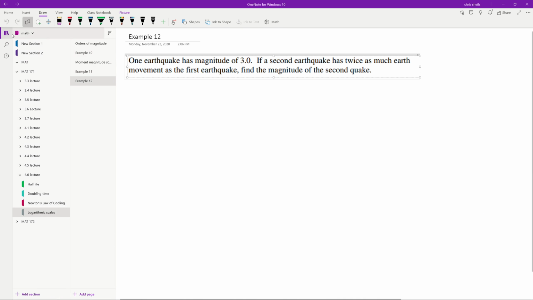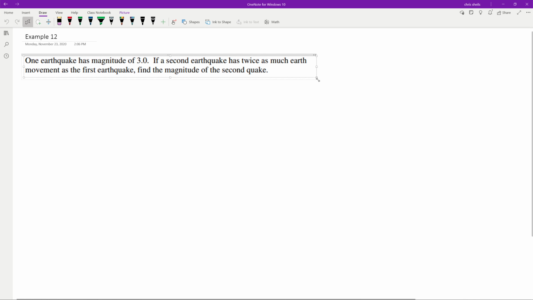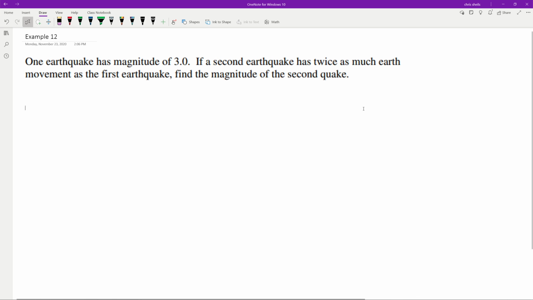And one more example. One earthquake has a magnitude of 3. If a second earthquake has twice as much earth movement as the first earthquake, find the magnitude of the second earthquake. Well, the first earthquake has a magnitude of 3, so 3 is equal to 2/3 log of s over s naught.